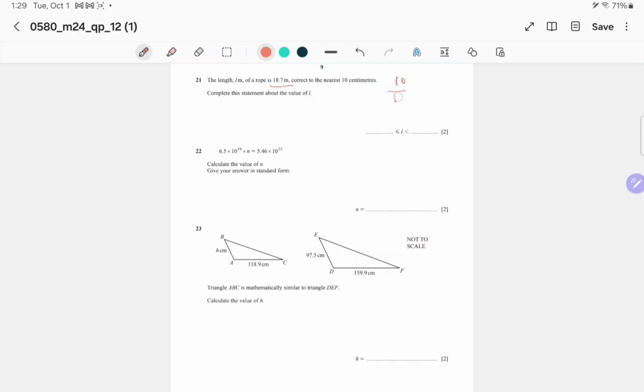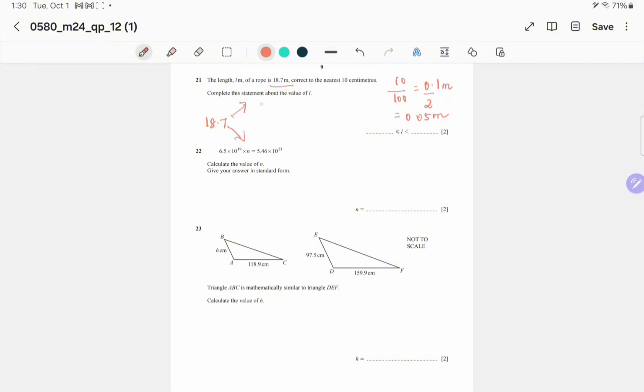10 divided by 100 is equal to 0.1 meters, divided by 2, which is equal to 0.05 meters. So 18.7 is given. We have to find the two limits, the upper limit and the lower limit.